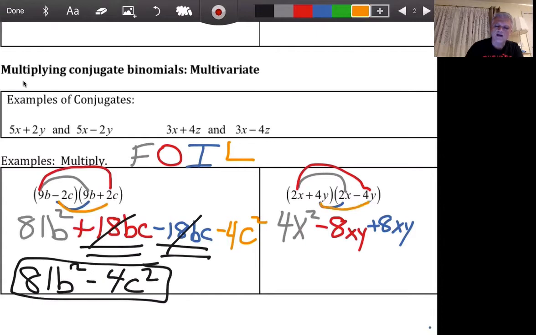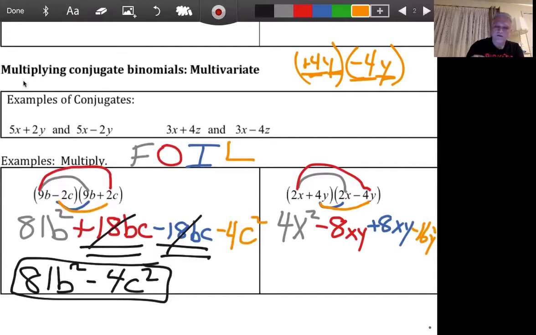So plus 4y times minus 4y. Well, positive 4 times negative 4 is minus 16. And y to the first times y to the first is y squared.